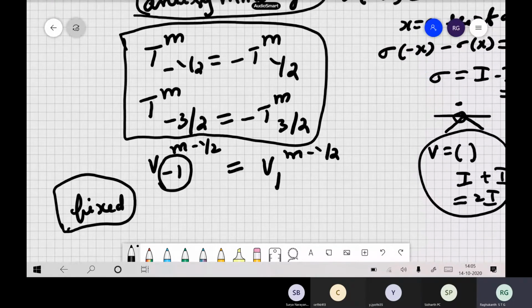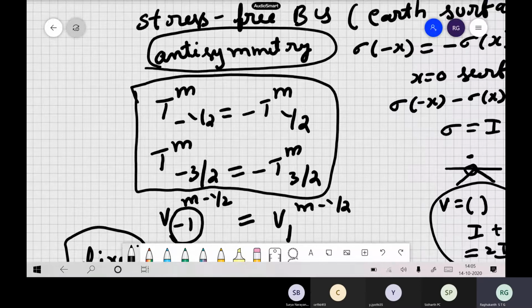Suppose you want some quantity to be 0 at the surface or wherever your boundary is. How do you represent it? Here, we are invoking stress to be 0. For that, what have you done in finite difference? We assume stress is anti-symmetric.